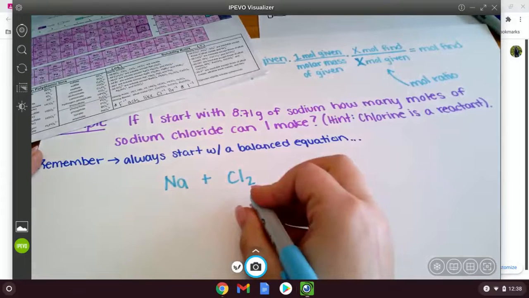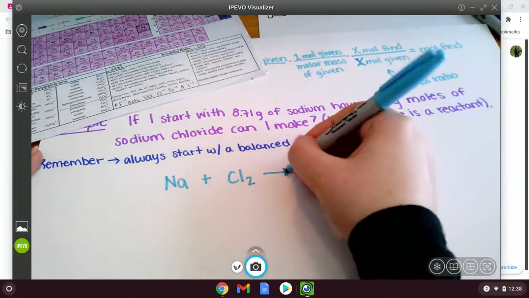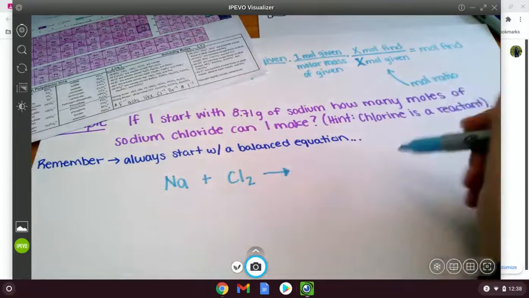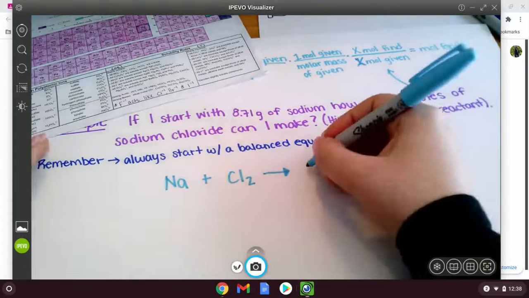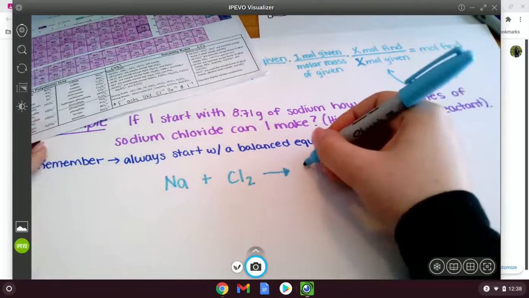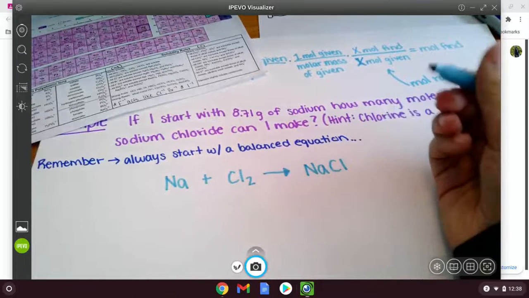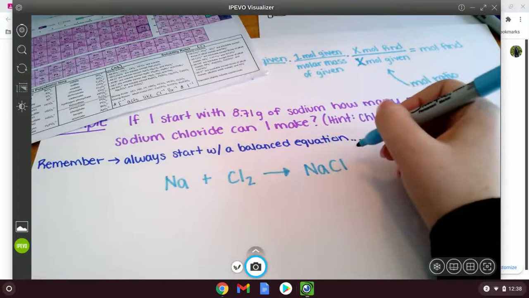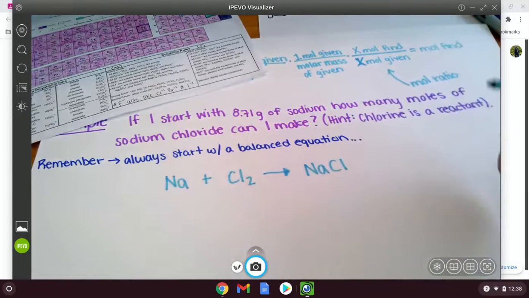It's Cl2 because chlorine is one of our diatomic elements, meaning whenever it's by itself, it always gets a little 2. And I'm going to make sodium chloride. So we're going to put these two elements together and we're going to get NaCl. Check the charges. Sodium has a +1, chlorine has a -1, so I don't need to switch anything.